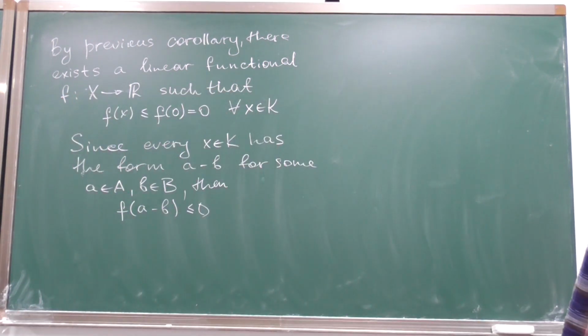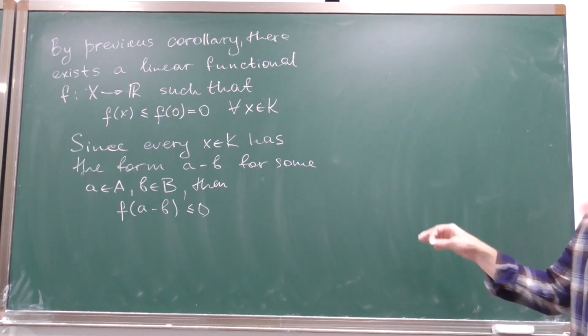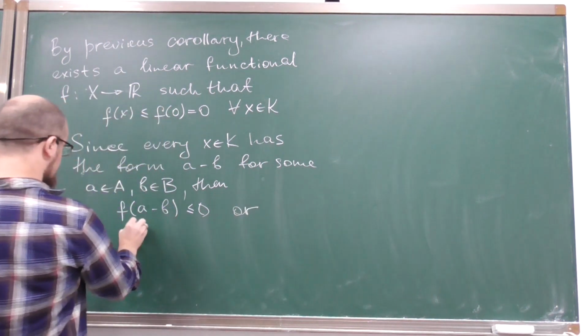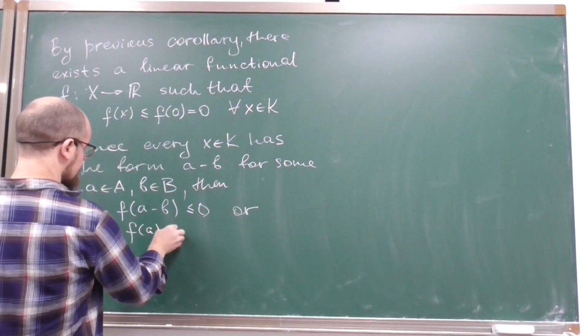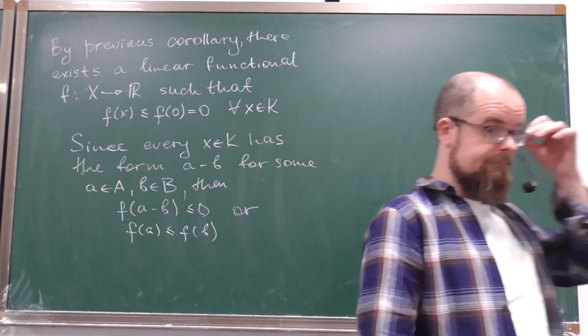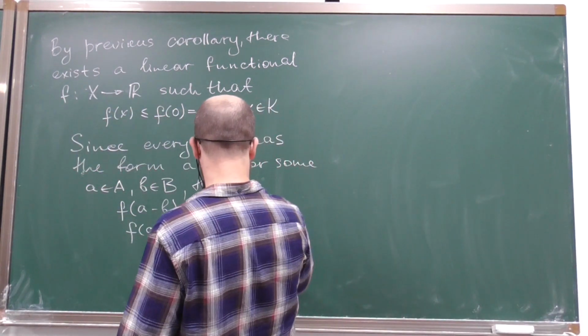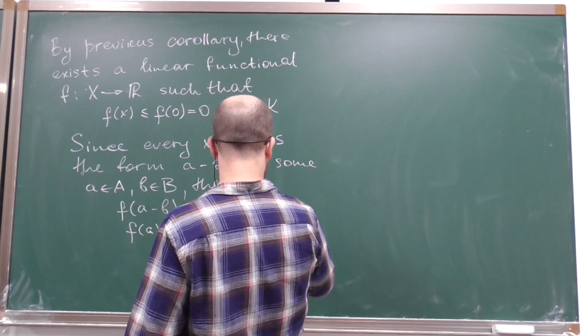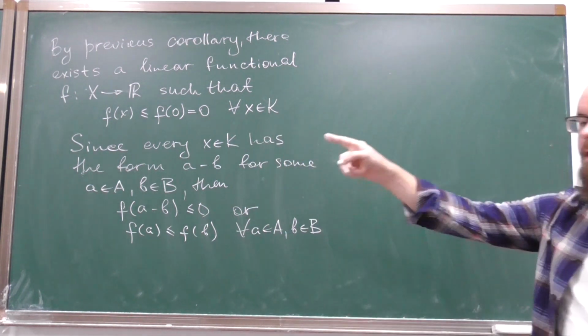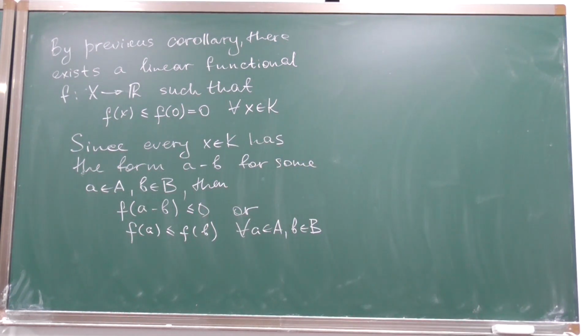But f is a linear functional, so we can split it and rearrange. So f of a is less than or equal to f of b for any a from A and b from B. We are almost done. So we proved that f of a is less than or equal to f of b for any a and b.